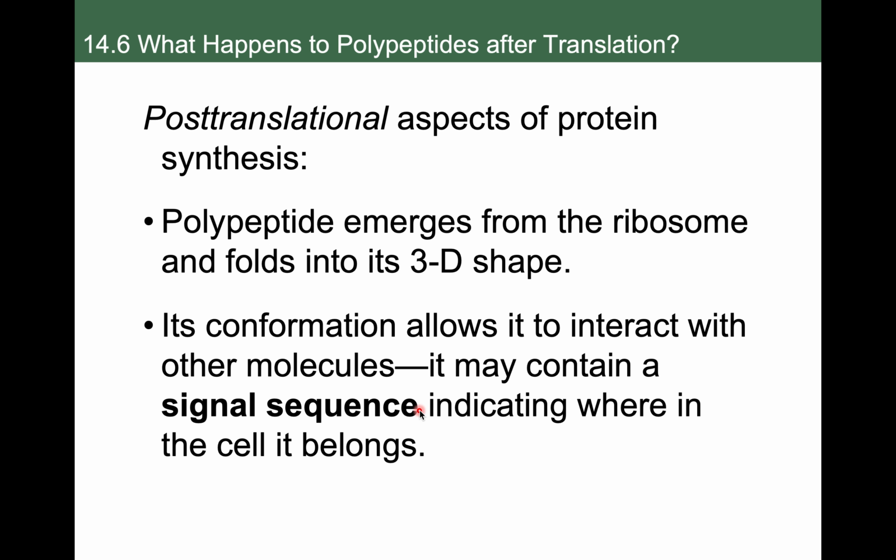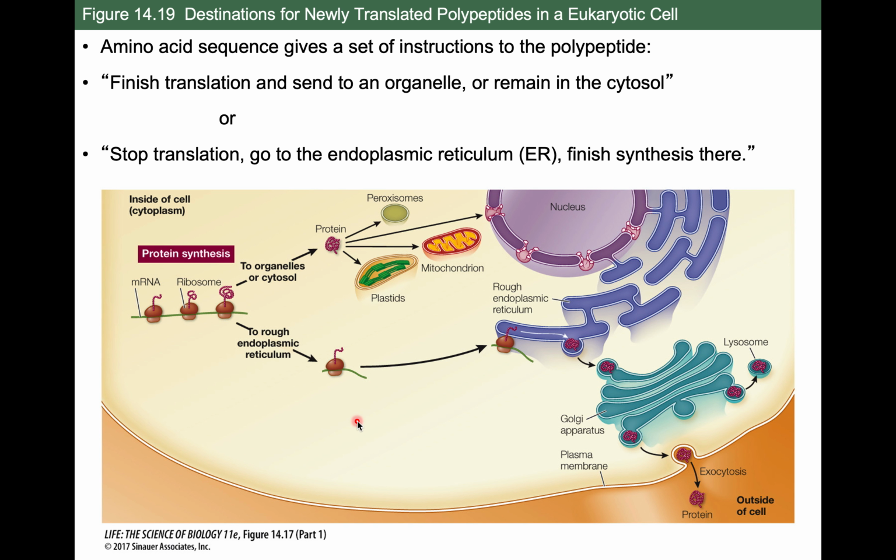And the way this works is it hinges on what's called a signal sequence, which is actually a part of the protein itself. So all translation actually starts out in the cytoplasm on free ribosomes that are floating around.